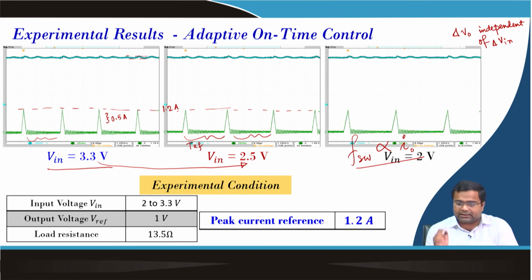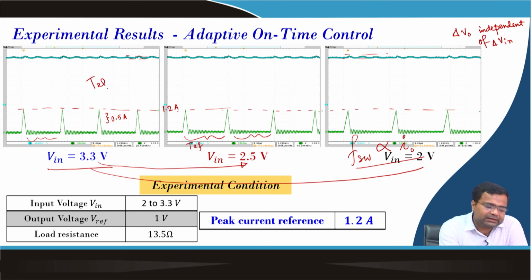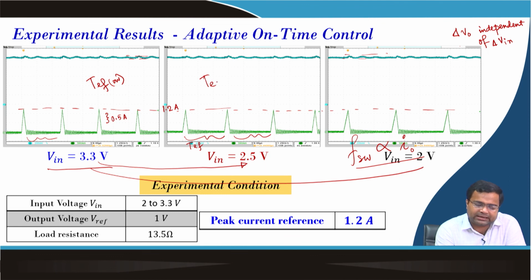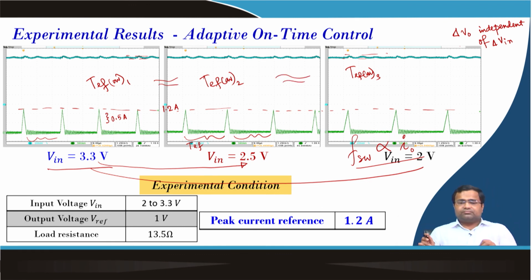And if you go to the other case, where we are decreasing from 3.3 to 2 volt, we are maintaining the same peak current, and the voltage ripple is also sort of maintained. In all cases, if you take the average value of T effective, because there is a resolution due to the 40 nanosecond difference, T effective average for case 1, case 2 and case 3 will all be more or less equal, and that is the beauty.